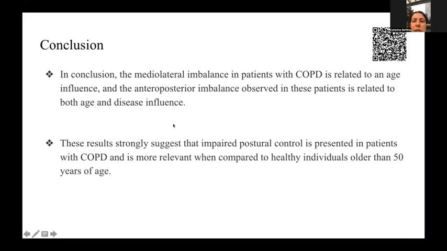In conclusion, the medial-lateral imbalance in patients with COPD is increased and has an important age influence. And the anterior-posterior imbalance observed in these patients is increased by both age and disease influence.